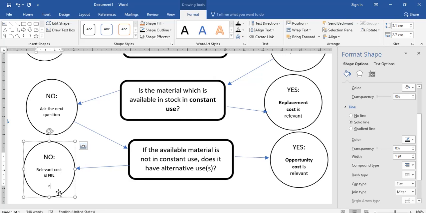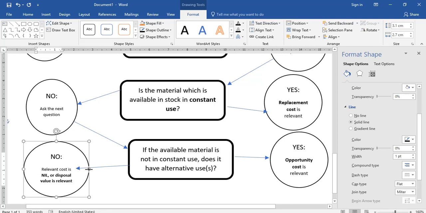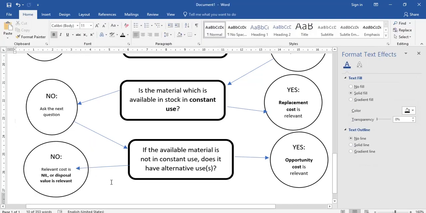Or disposal value is relevant. So it's either nil or disposal value.